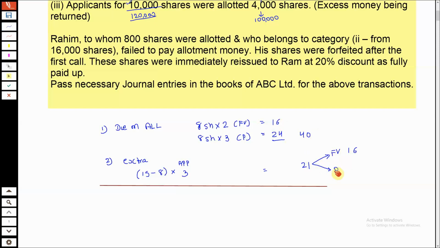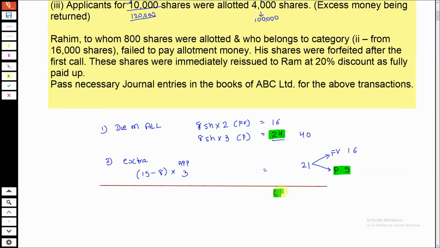So other 21 minus 16 that will give you 5 rupees and this 5 rupees premium is already received by me. This is very important, how much premium is already paid. So 24 प्रीमियम में से 5 प्रीमियम मिल चुका है.